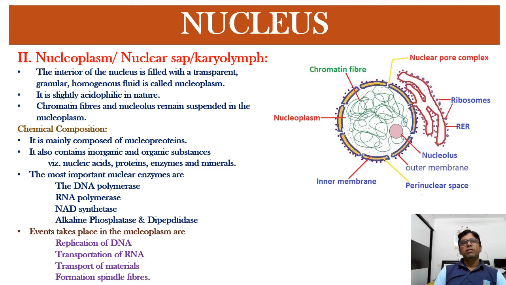Nucleoplasm is also known as nuclear sap or karyolymph. The interior of the nucleus is filled with a transparent, granular, homogeneous fluid.